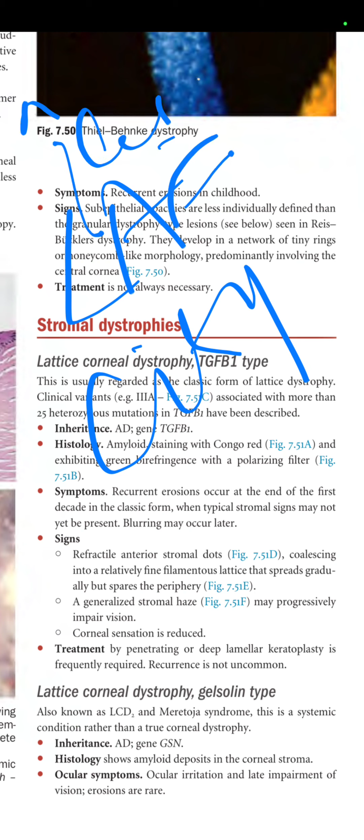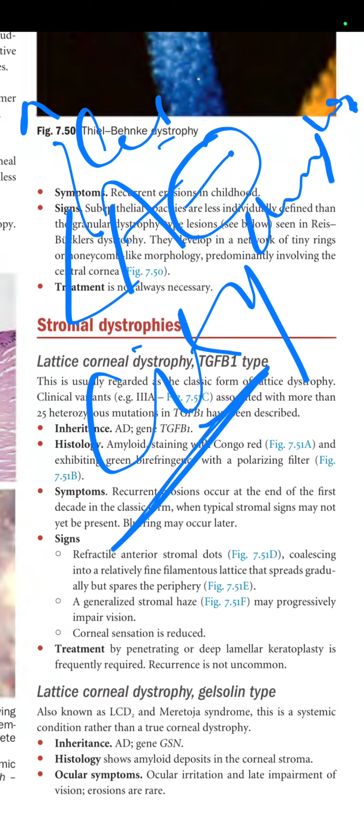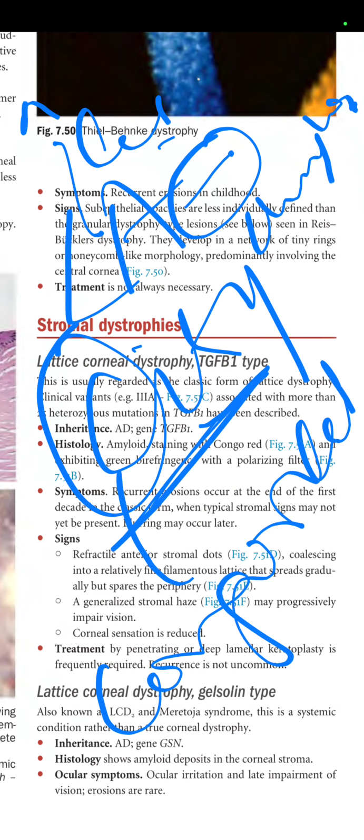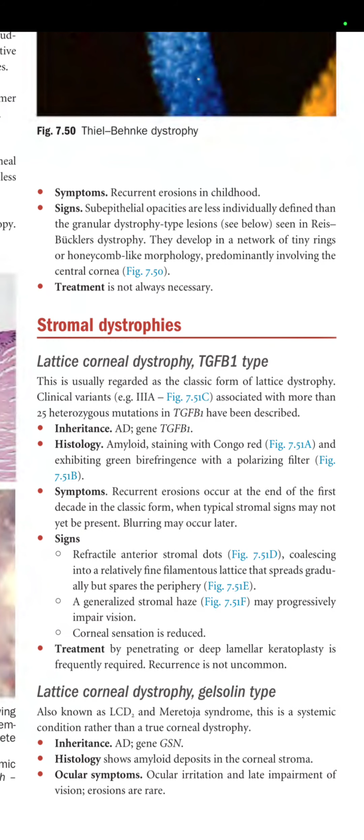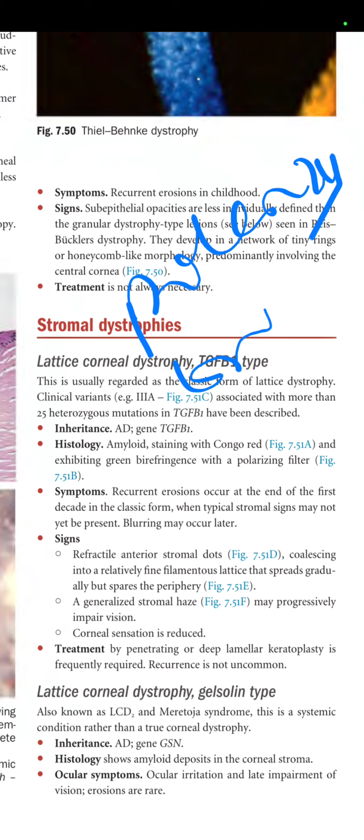A is for amyloid deposition in lattice dystrophy, and city, that C, means they will stain with the Congo red stain. So basically lattice dystrophy is autosomal dominant, there is amyloid deposition in the stroma, and it stains with the Congo red. Why Congo red? Because when polarizing filter is passed through it, it shows the green birefringence.